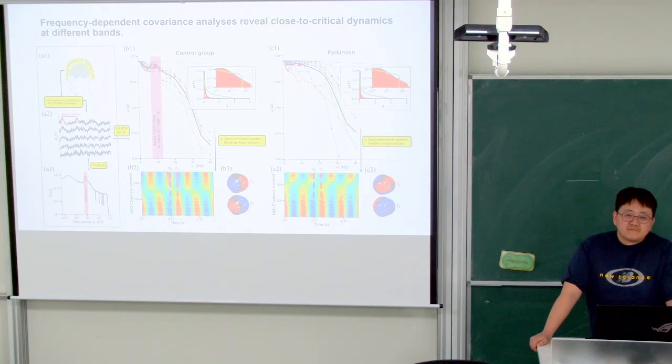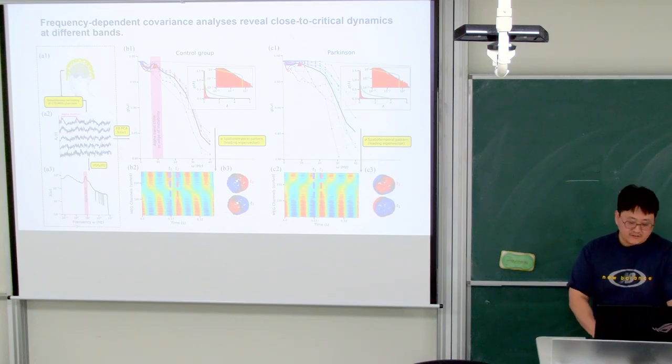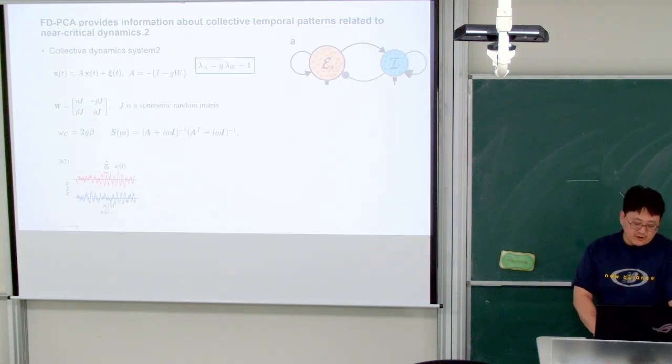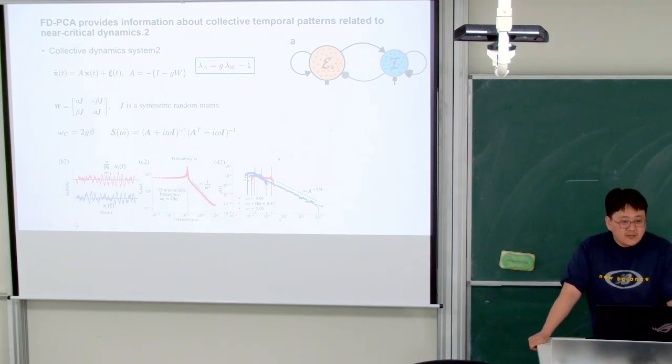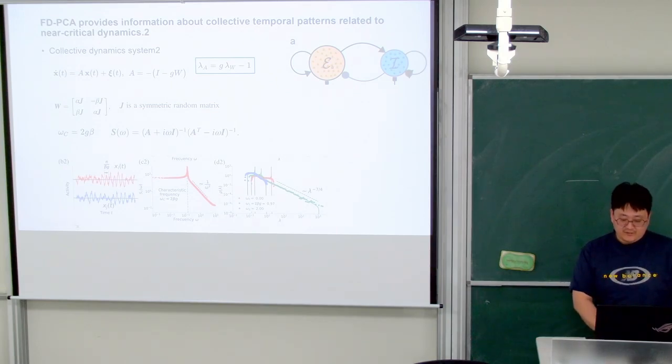What is the resulting value of PCA? The eigenvalue distribution. From this distribution, if the eigenvalue distribution follows the power law, here they argue that this system shows the critical dynamics at this omega 1 corresponding to this profile.